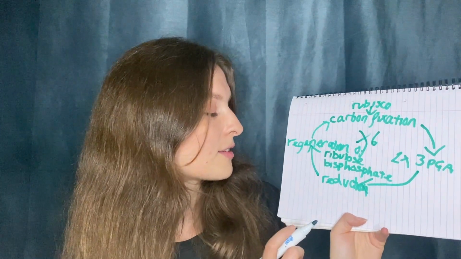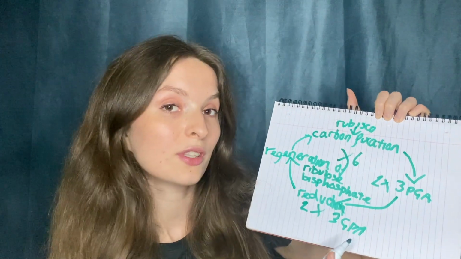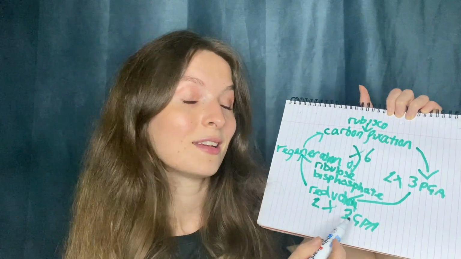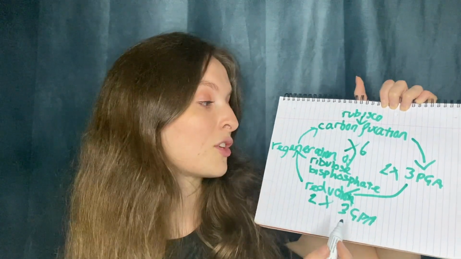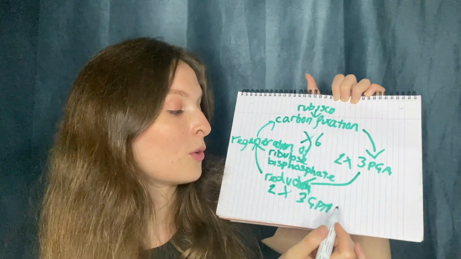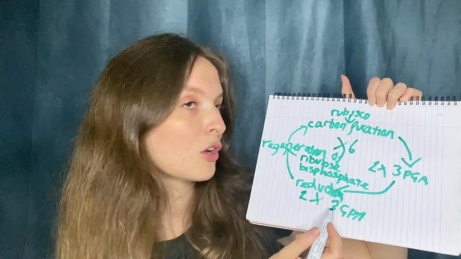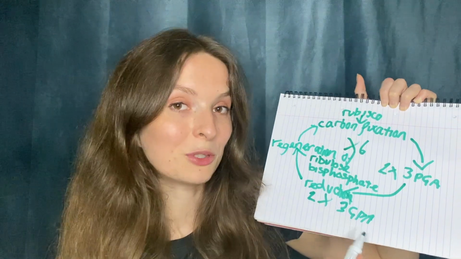Trying to think, is there anything else I've missed? And also this 3-PGA molecule, more than just the reducing power supplied by NADPH, which donates its electron, ATP that we also got from the light reactions is also used here, because the enzymes that turn this 3-PGA molecule into this simple sugar molecule require ATP, in other words energy, to be able to form that.